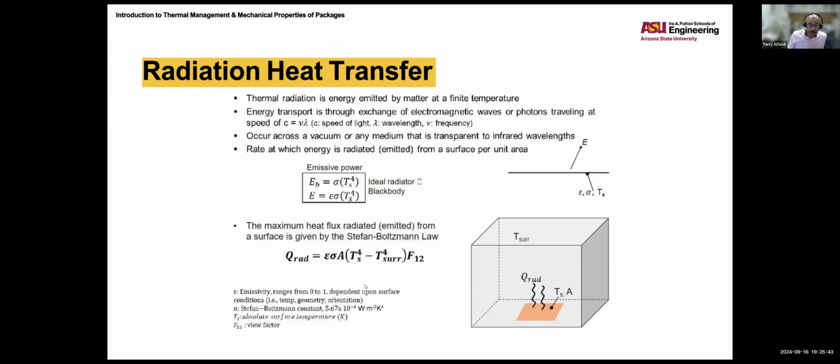So very hot, but we're able to get the power out. Okay, so let's take a moment for inquiry.